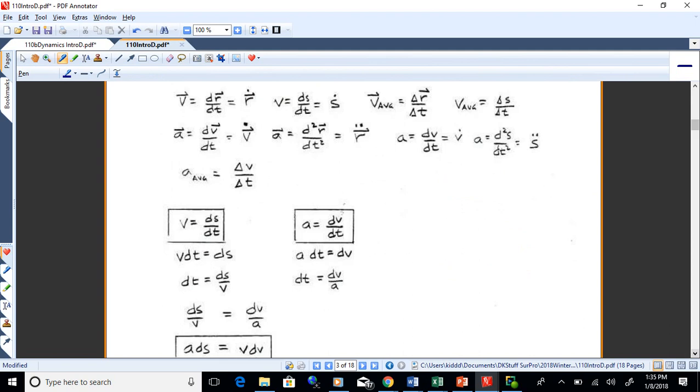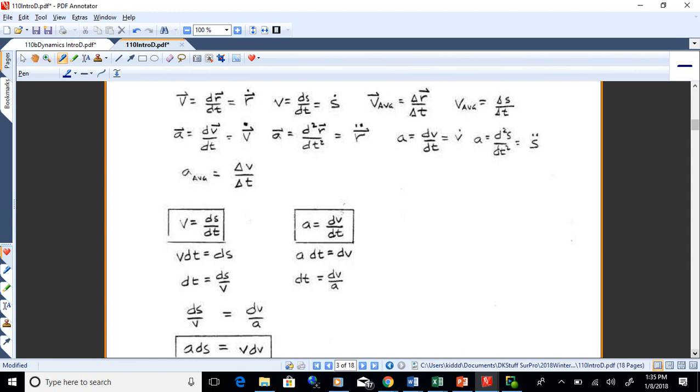All right. So V is dr dt. So velocity is the change in displacement with respect to time. So you talk about velocity in feet per second. Displacement over time. Now we do a lot of time derivatives in this class.